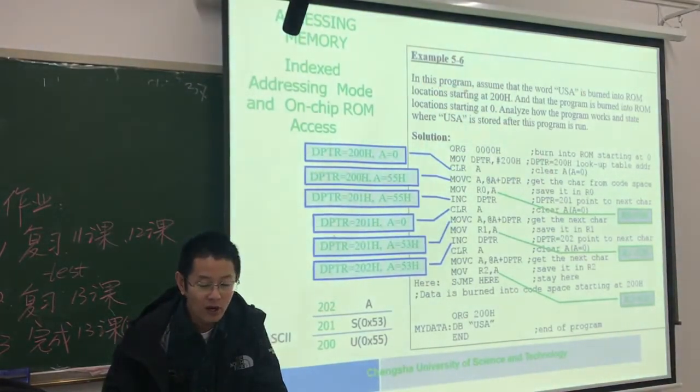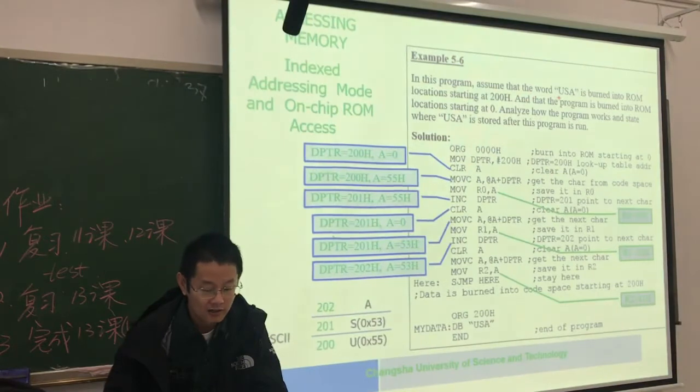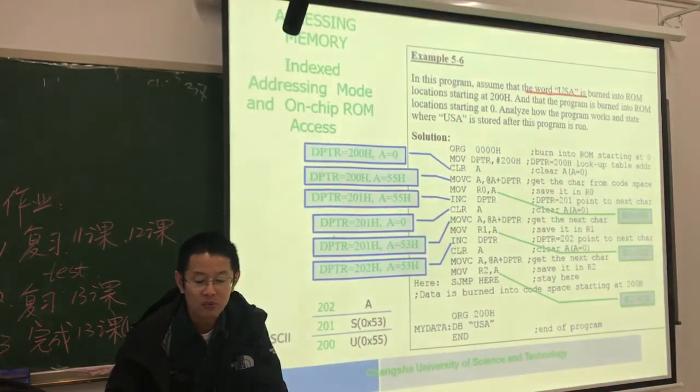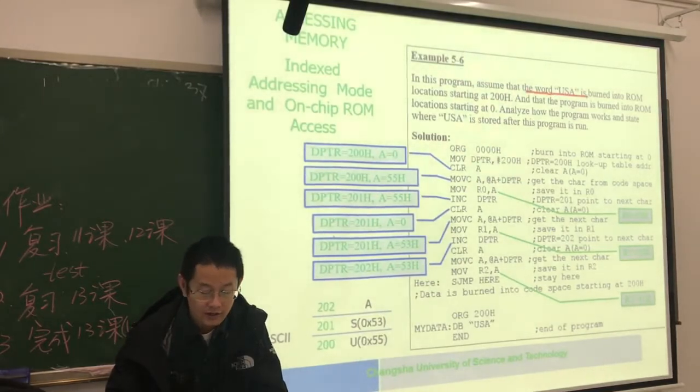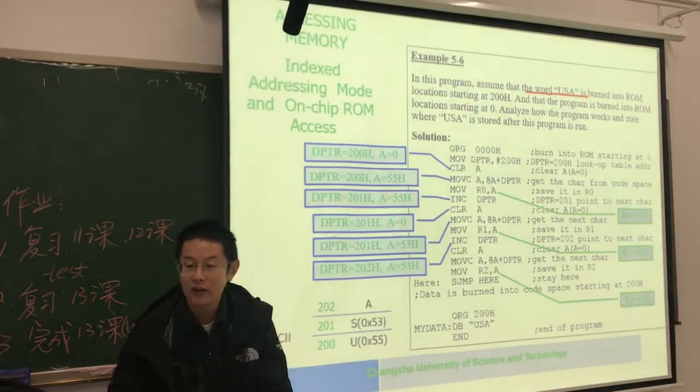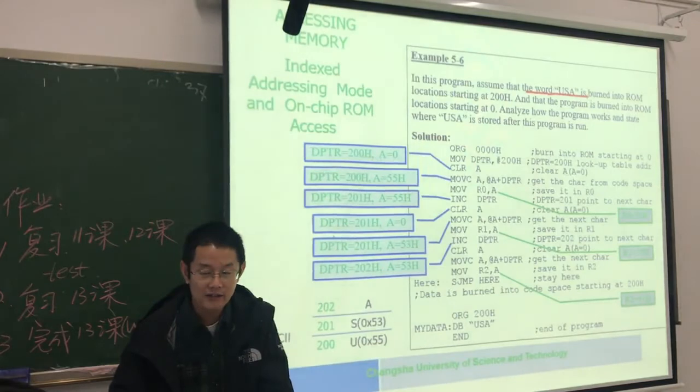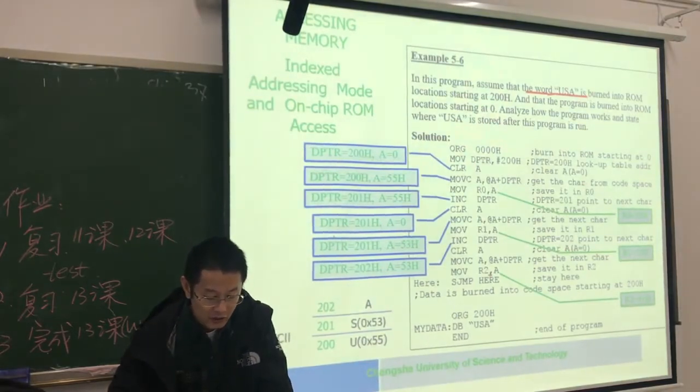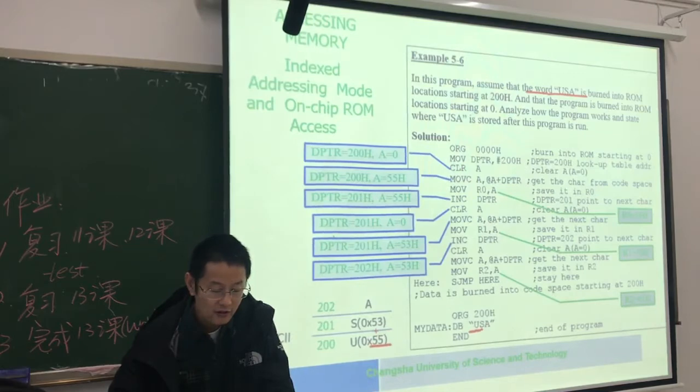This is the program about moving the word USA in ASCII code. You know ASCII code. U is 55H, S is 53H, A is 41H.